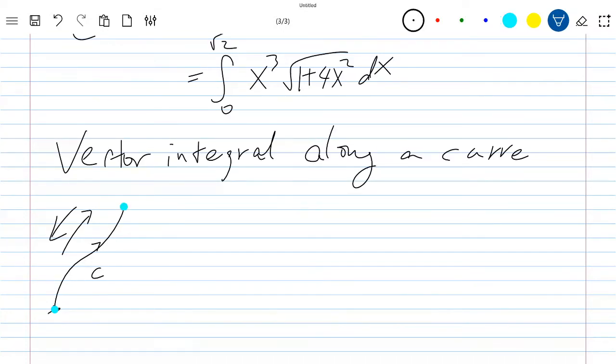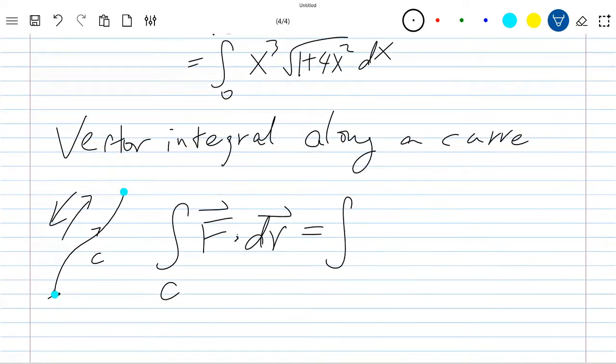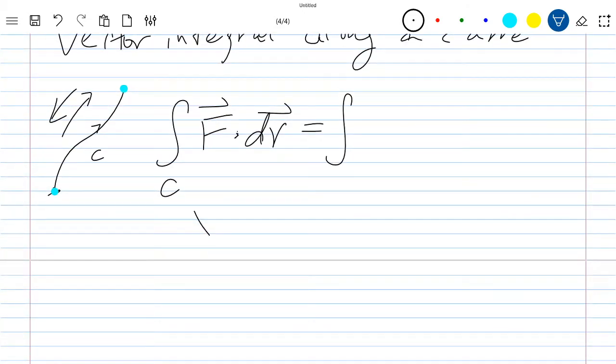Then this integration over this curve of a vector field along this curve is not ds. This is a dr as a vector. So this is a dot product, and F is a vector. So you see vector dot vector gives you a scalar in the end, but how do we integrate that? Well, once again, you have to parameterize the curve. Let's say x equals x(t), y equals y(t).